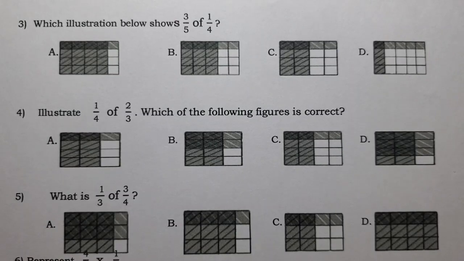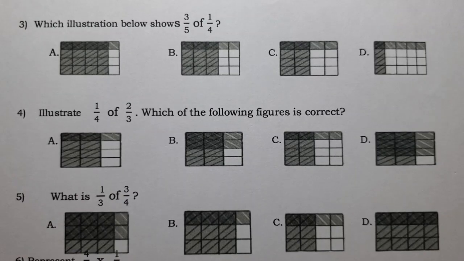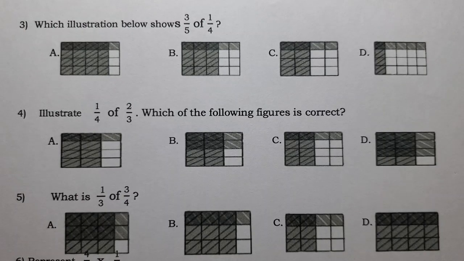For item number 3, which illustration below shows 3/5 of 1/4? For item number 4, illustrate 1/4 of 2/3. Which of the following figures is correct? For item number 5, what is 1/3 of 3/4?